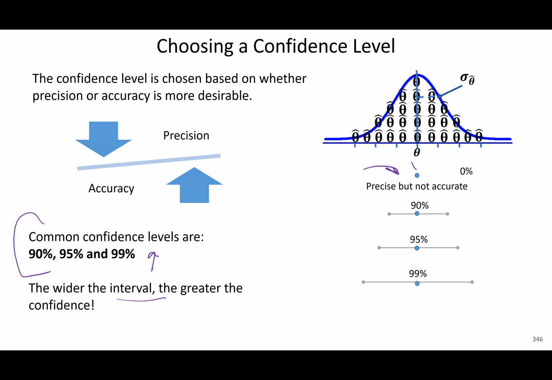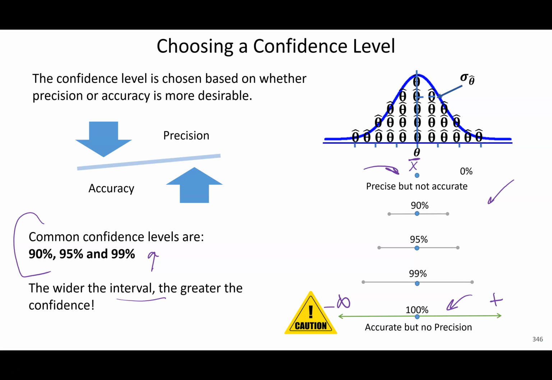Then there's the point estimate, which is just x bar for us. It's very precise, it's not a range of values, it's just one value. It's exact. But it's not as accurate; it's wrong a lot of the time, versus if you actually use a range of values. And then you can have a 100% confidence interval, but it literally goes from negative infinity to positive infinity.